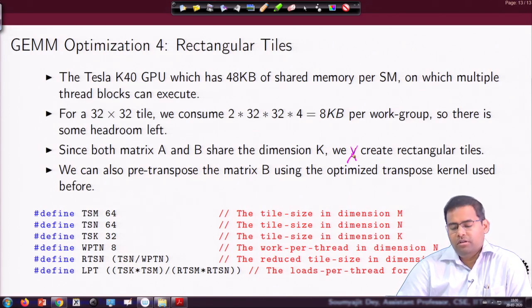Since I am multiplying A and B together, and as you can see from B I am doing an access. For A, since it is a column major representation, the columns are there in the memory, but for B I need the data the other way around.